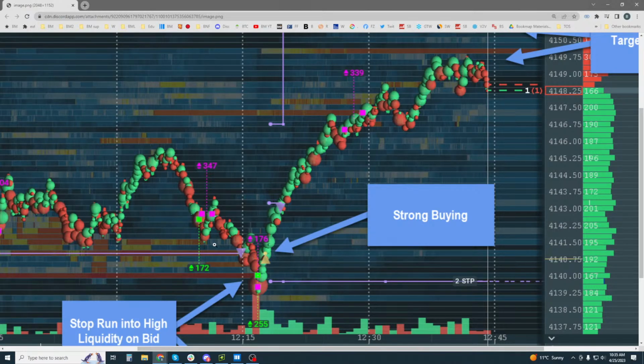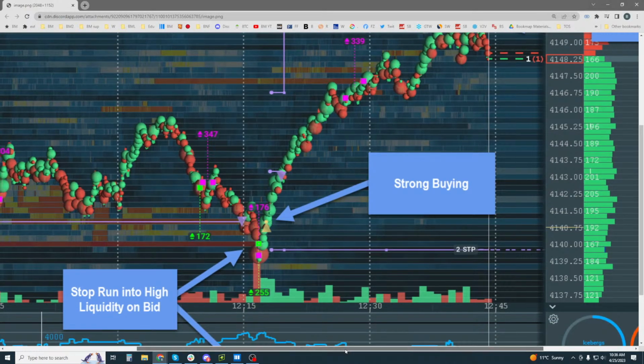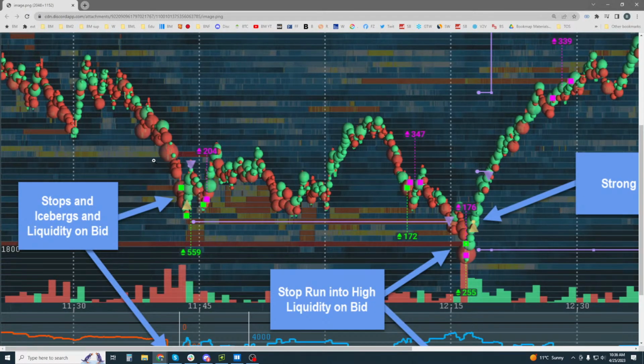Okay, now how could I have done better in here? I probably could have seen this in here, noted that there's absorption down here. We know that. We can see it here. We see the liquidity, and we do see some back and forth in here. But now we have a beautiful stop run, even more absorption here, and I'm starting to see the strong buying coming in.